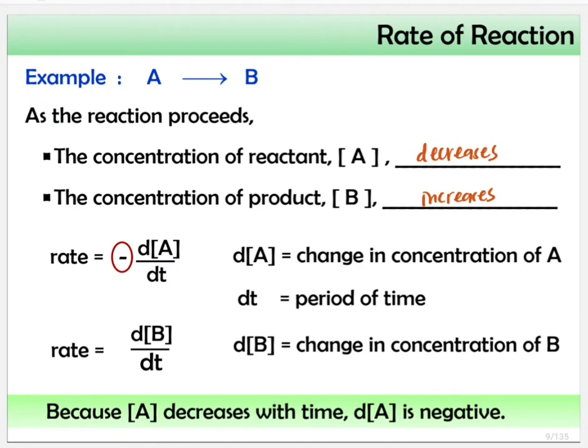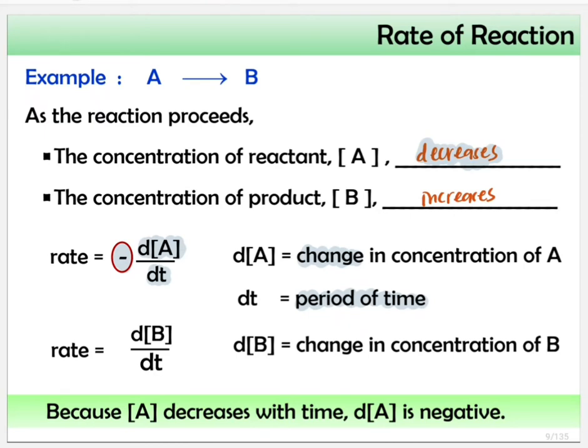So kita juga boleh tulis kadar pengurangan A sebagai rate equals to negative. Okay, kenapa negatif? Sebab berkurang. Okay, decreases. d[A] over dt. So, d[A] adalah change in concentration. dt period of time atau change in time.